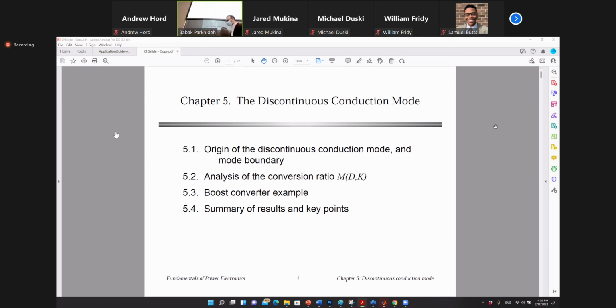up like this, going up, right? Going up, then like this. So this portion, this addition, is coming from the body diode, right?